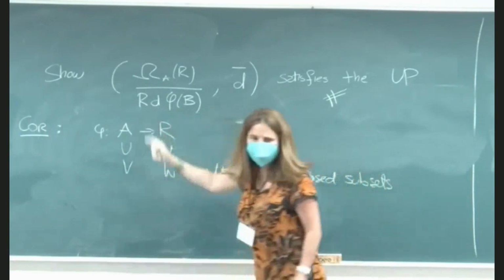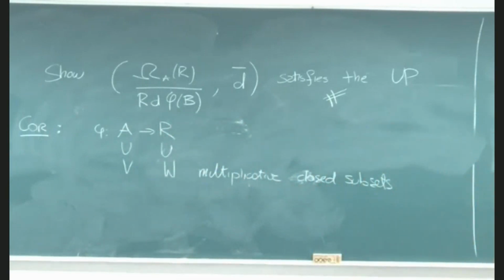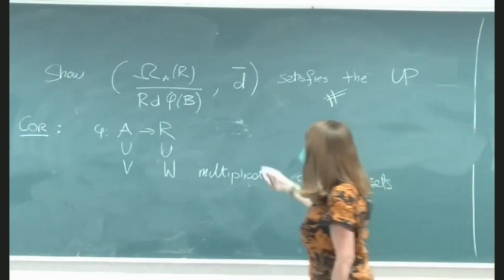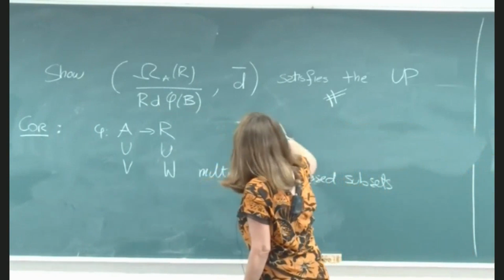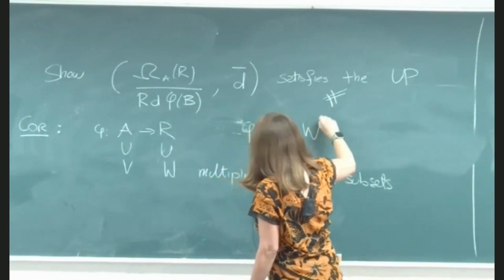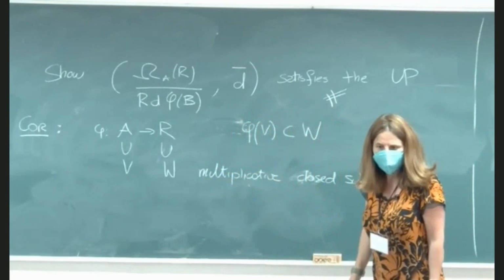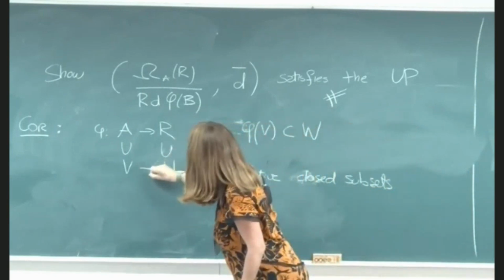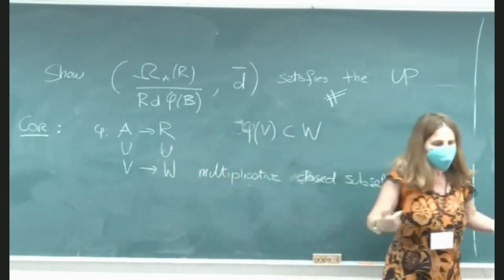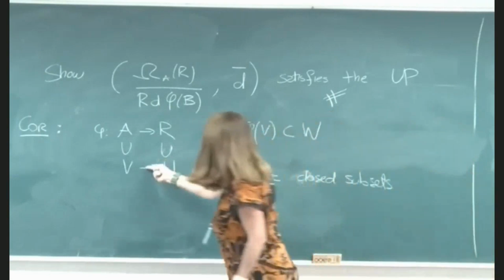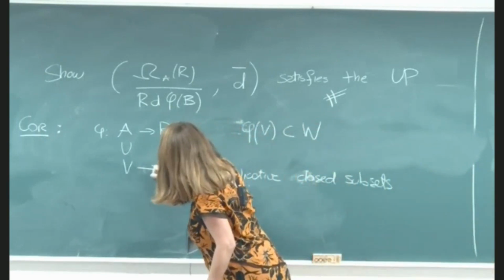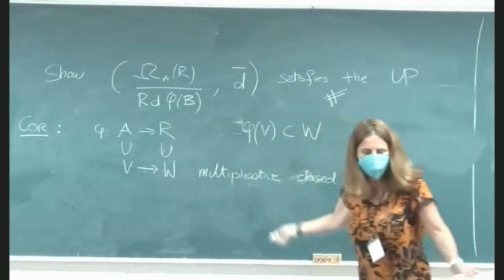So this V is in A and W is in R, and you assume that phi of V is contained in W. So this induces a map here, if you want. Really not a map, because these are not rings, just subsets, so it really induces a function, because phi of V is contained there.